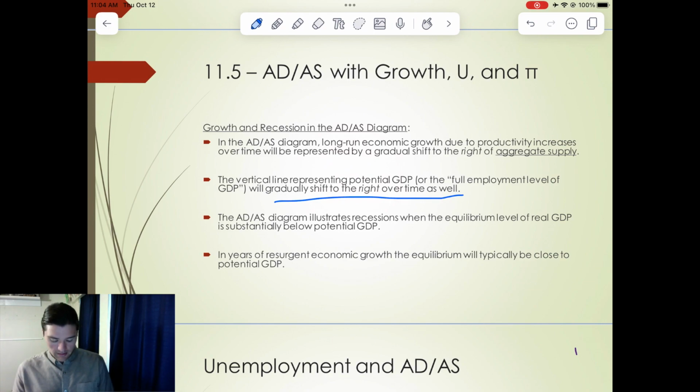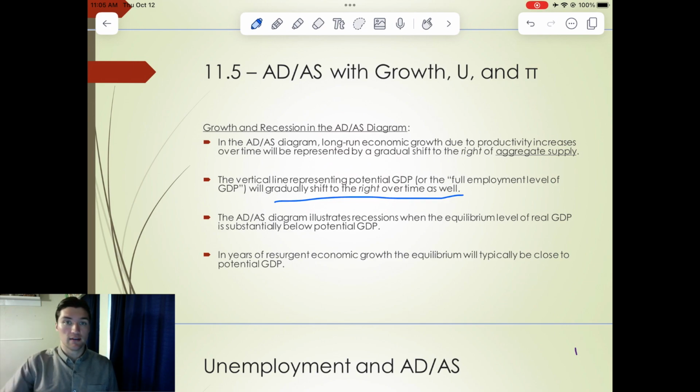The aggregate demand and aggregate supply diagram illustrates recessions whenever the equilibrium level of real GDP is substantially below the potential. So basically, when you're in a recession, remember that is where the real GDP is decreasing, and so you are not at your potential. Because of all of your technology, all of your labor force, and all of your resources that you're using, you should be here.